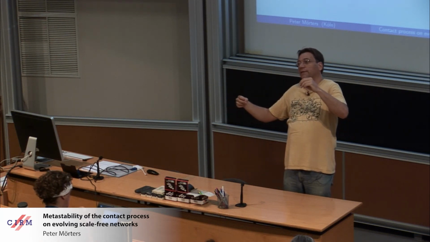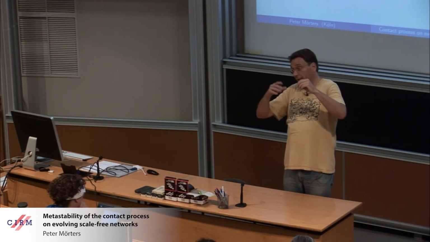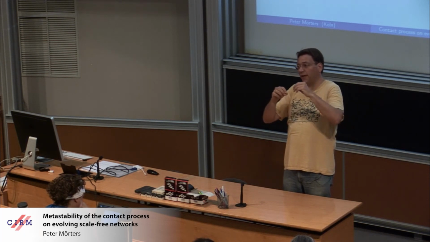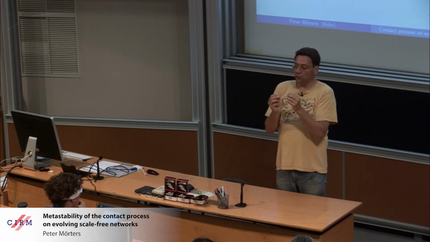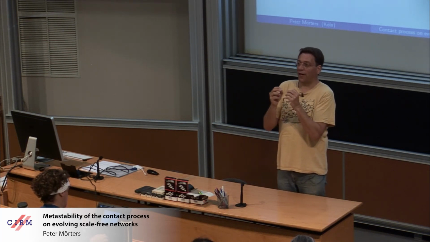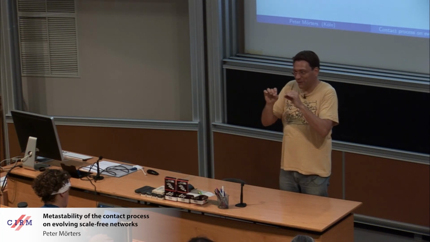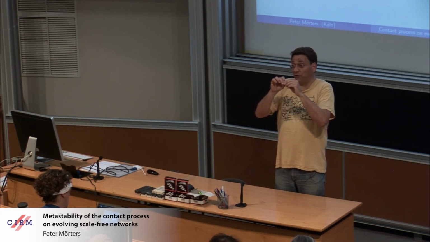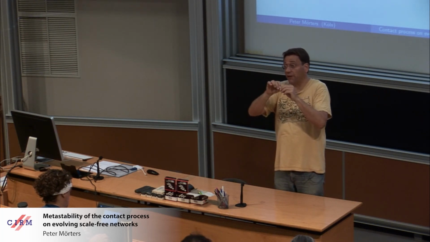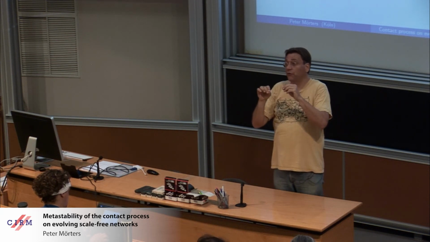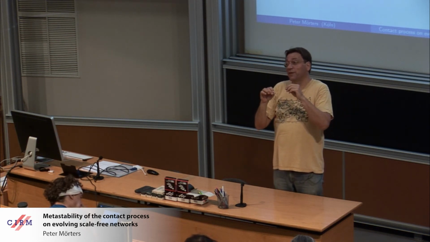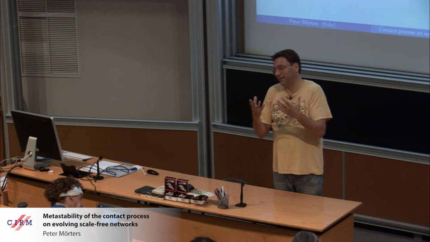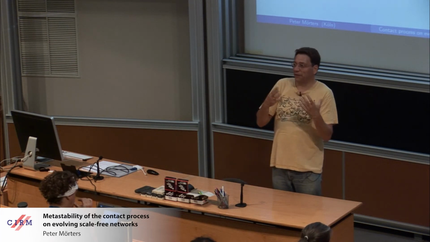In the case of preferential attachment, two very high-ranked, so low-index, vertices are typically not directly connected, but they're connected via a connector. So the typical distances in preferential attachment are twice what they would be in the factor kernel.